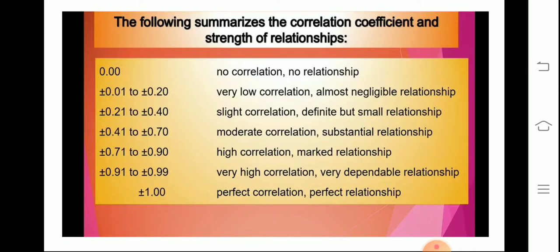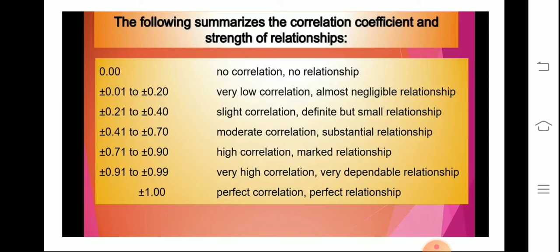We have here the chart that summarizes the correlation coefficient and strength of relationships. If the correlation is 0.0, there is no correlation, no relationship.